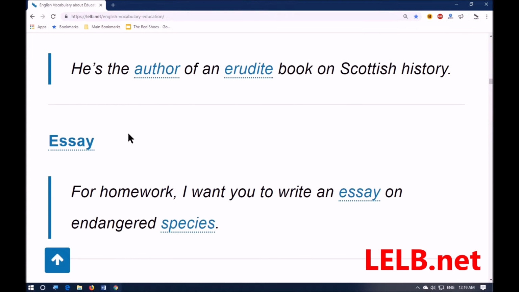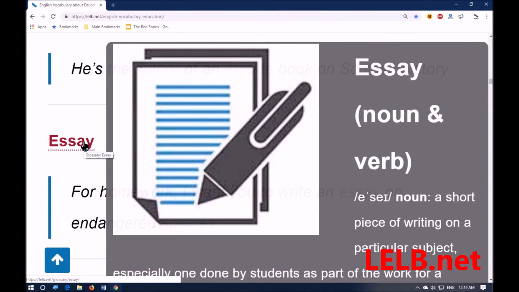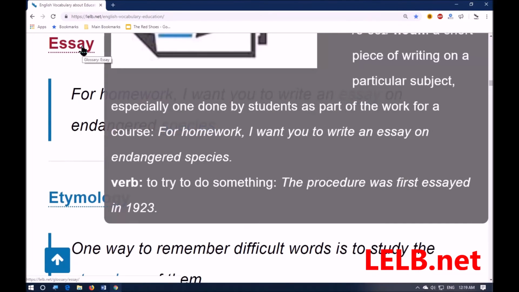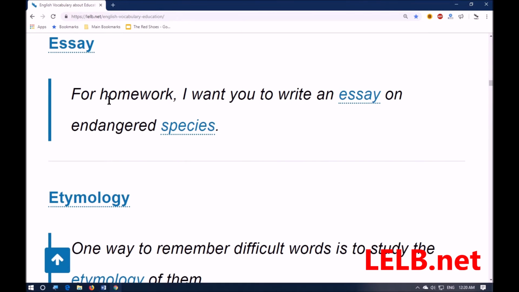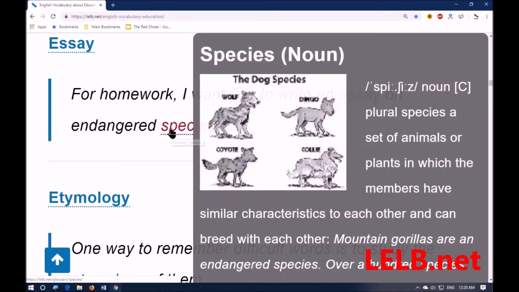The next word is essay. And an essay is a piece of writing on a particular subject, especially one done by students as part of the work for a course. For homework, I want you to write an essay on endangered species.